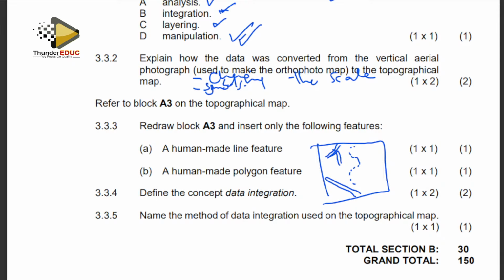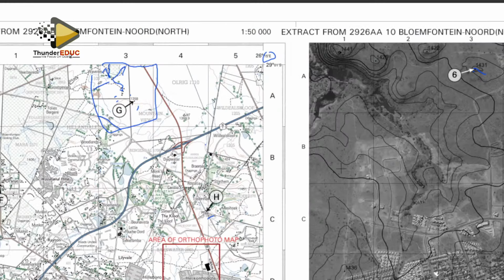We come here. A polygon, we said something that forms a shape. Okay. I want to first delete this so that I can be in a position to see the polygon feature that I want to refer to. Okay, we have got this here. We have got this here. There's a polygon feature here.